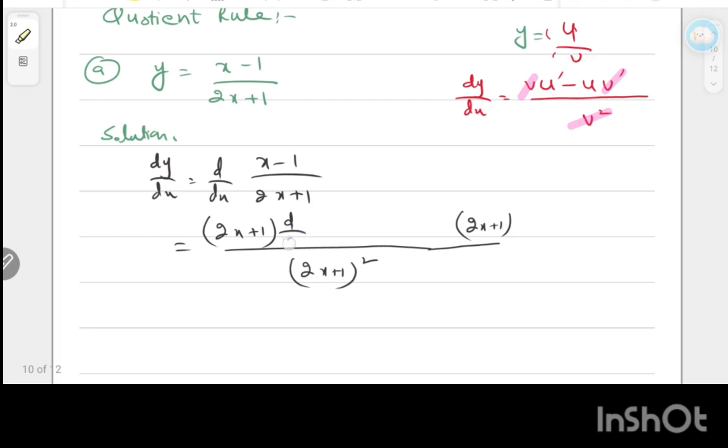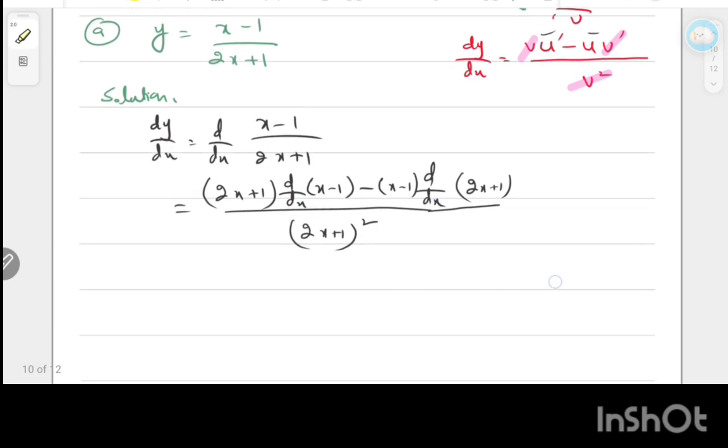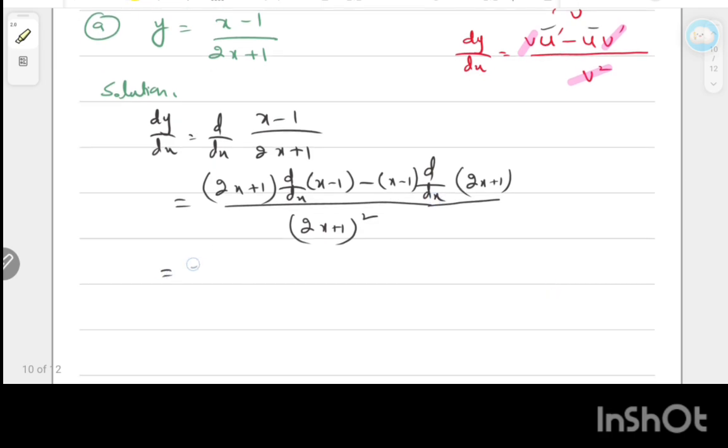Now take the derivative: it is the derivative of u, x - 1, then minus u, which is x - 1 as it is, times the derivative of v, d/dx of (2x + 1).